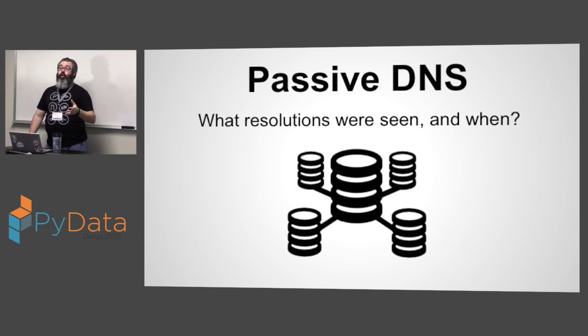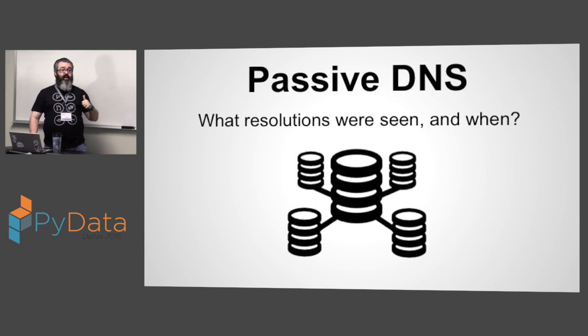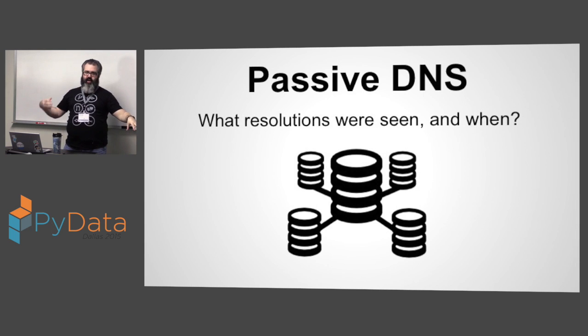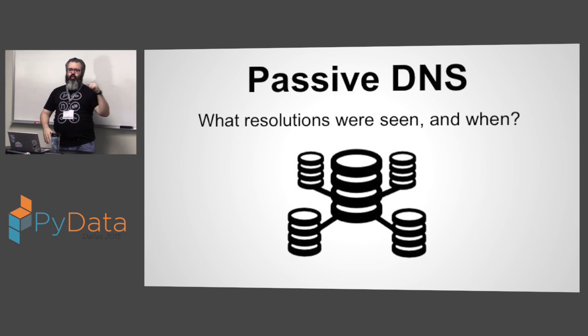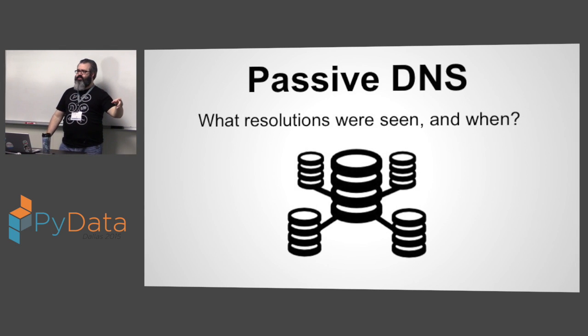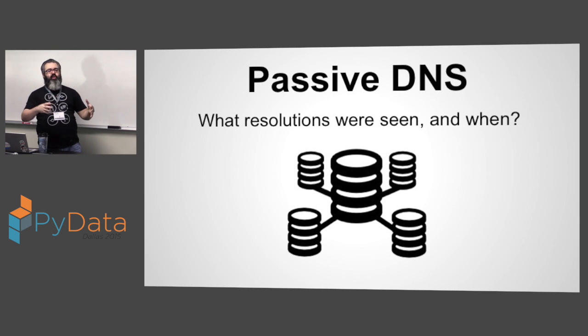But what if I want to know what that IP address was an hour ago? Or conversely, what names were actually seen for a given IP address a day ago, or a month ago, or a year ago?